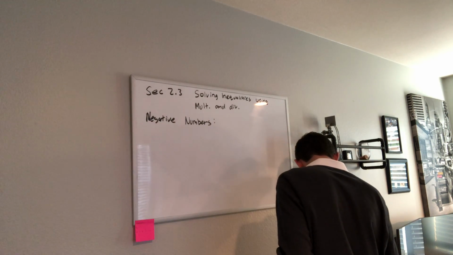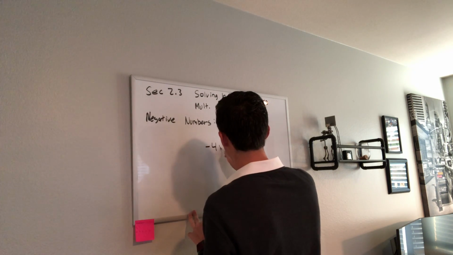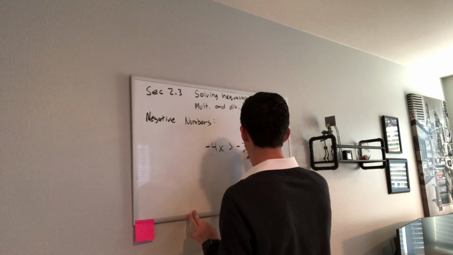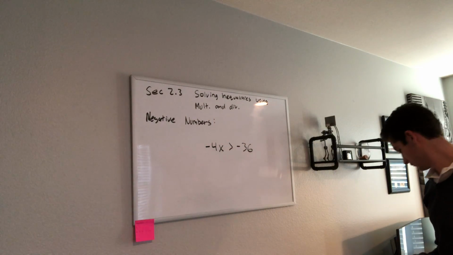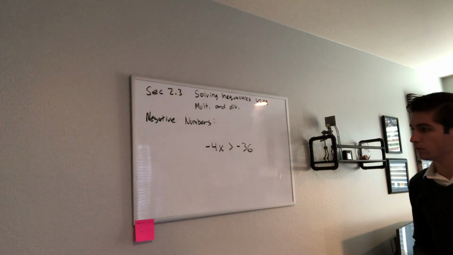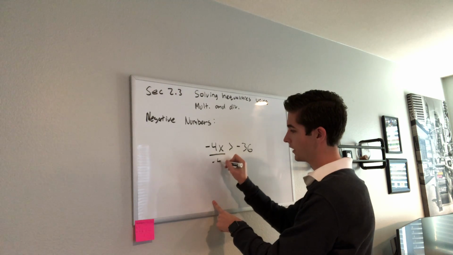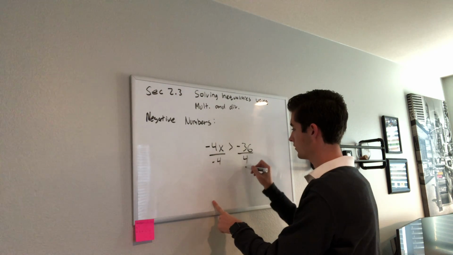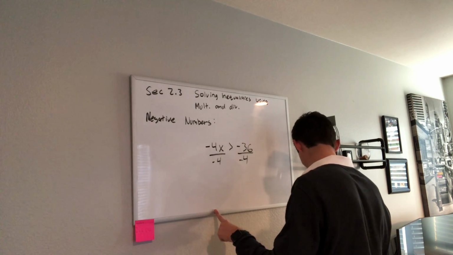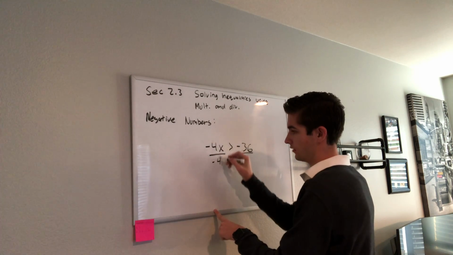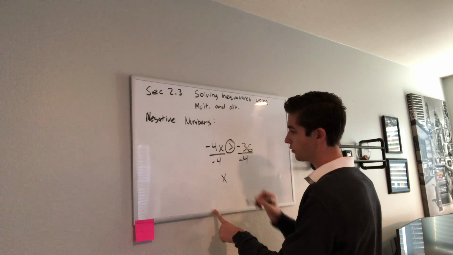So example 3, we have negative 4x is greater than negative 36. So the first thing we want to do again is isolate our x by dividing by negative 4. The 4's will cancel out. We need to switch, right?